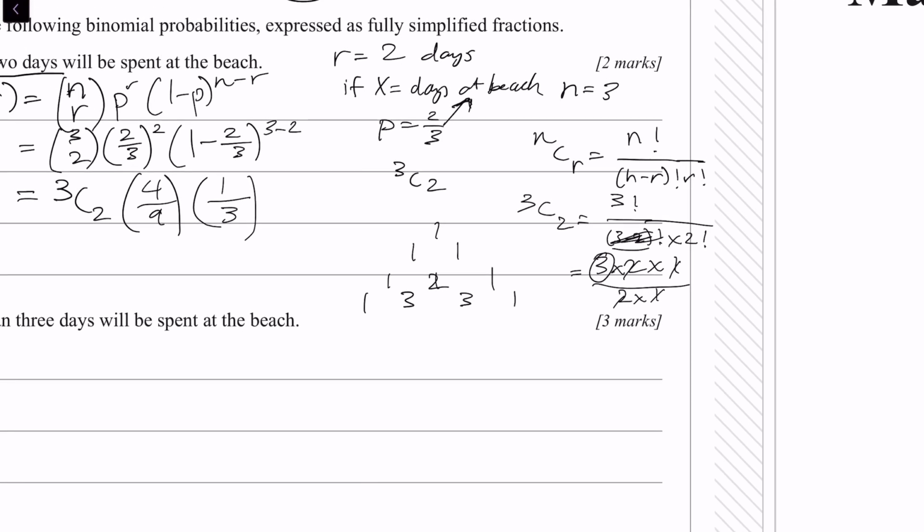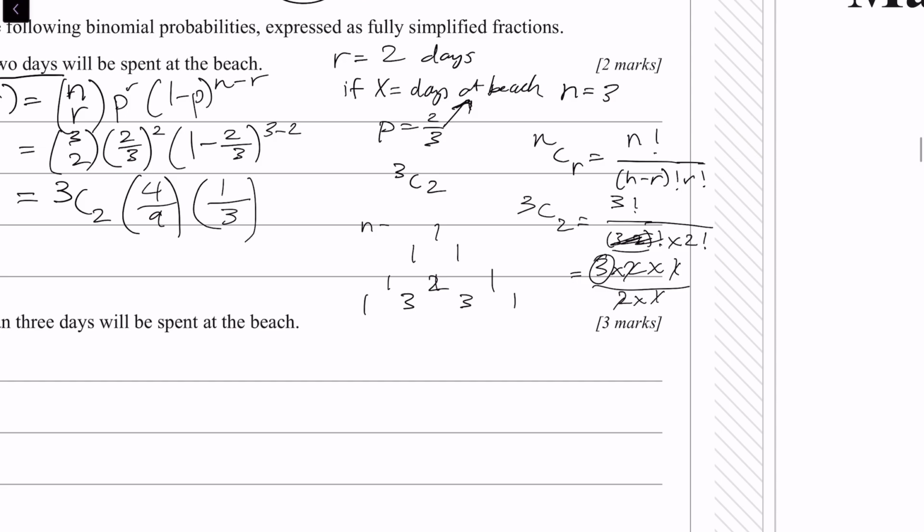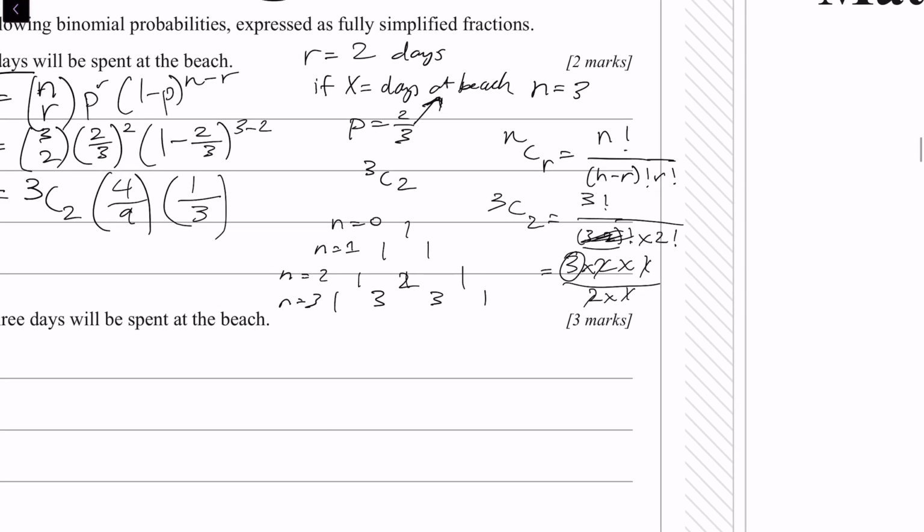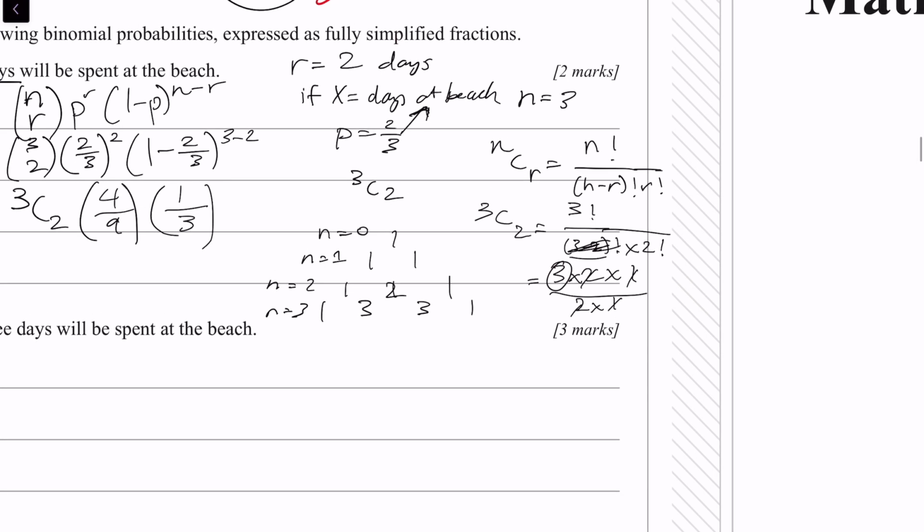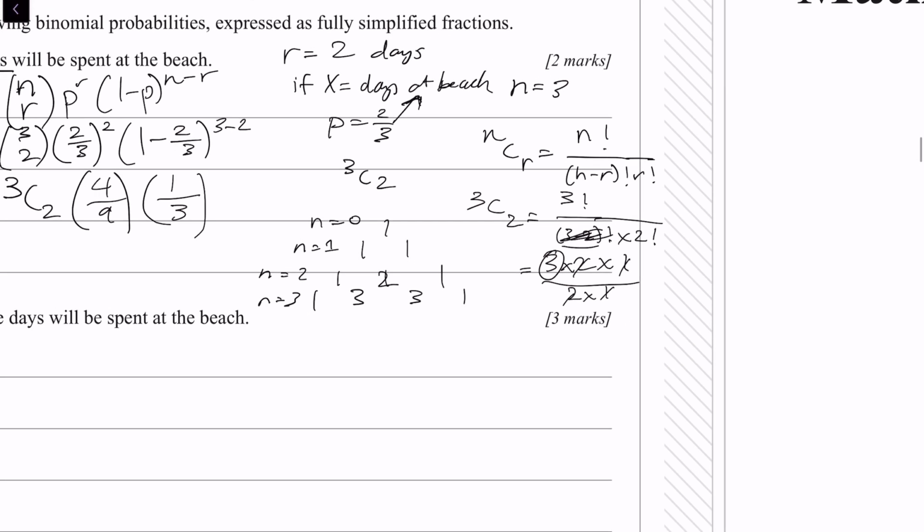I know that this is when n is equal to 0, n is equal to 1, n is equal to 2, n is equal to 3. And so I stop here. Basically what Pascal's triangle is, if you don't know it, you can search it up. It's a good thing to look into.